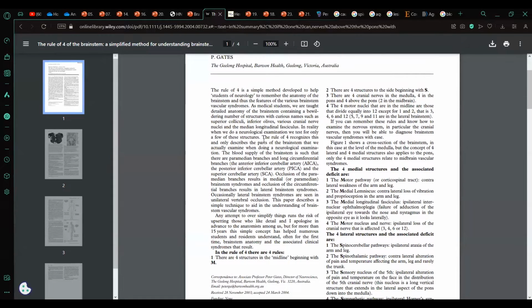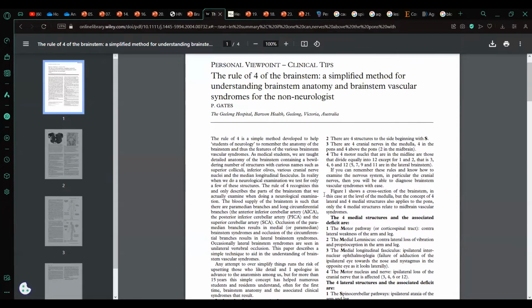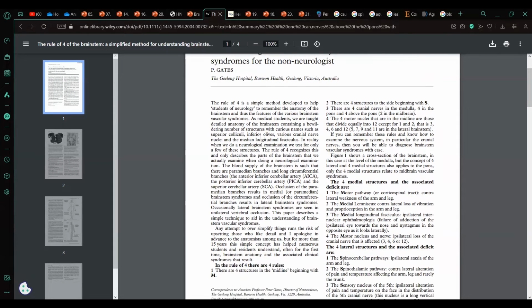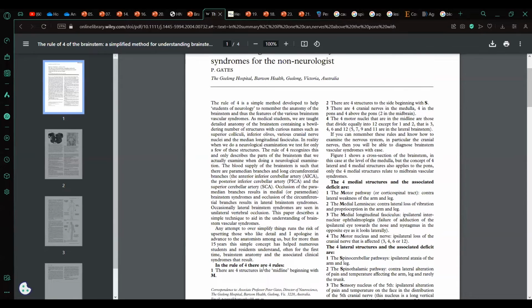If you guys have seen the Worlds and Beyond video about brainstem lesions, which I highly recommend, it's around 15 minutes, and it will cover everything you need to know related to the brainstem in order to at least pass the exam. And so generally there are 4 rules in the rule of 4. The first one is the midline structures begin with M. The lateral structures or the side structures begin with S. There are 4 cranial nerves in the medulla, 4 in the pons, and 2 in the midbrain.